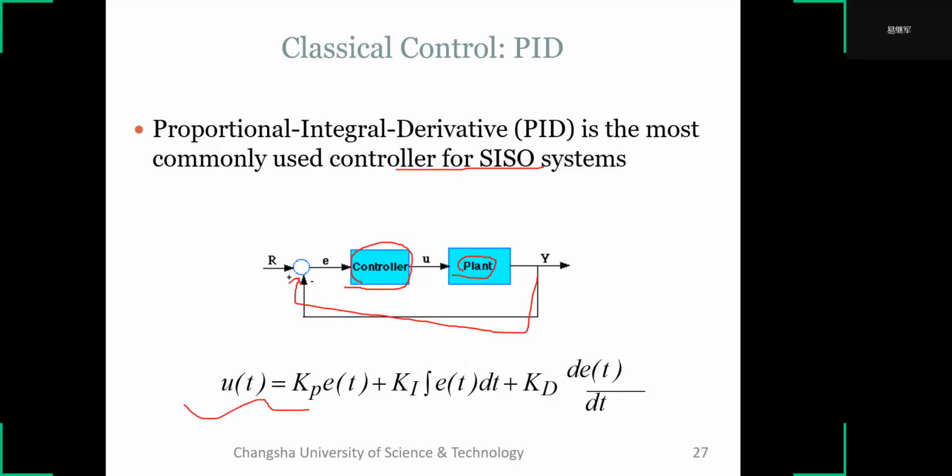This is the equation for the PID control. E(t) is the error. KP is the gain. KI is for the integral. KD is for the derivative.